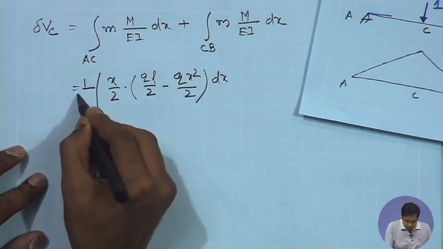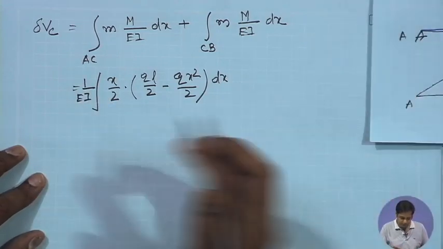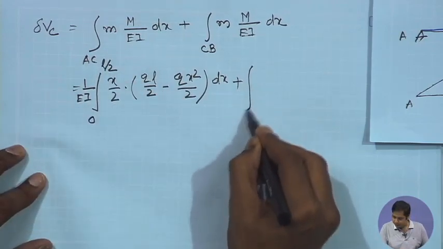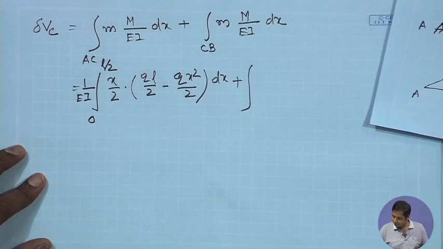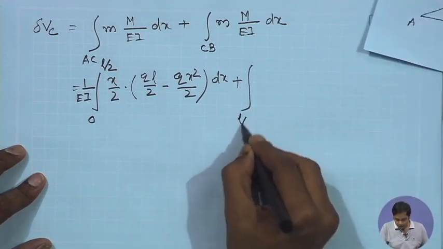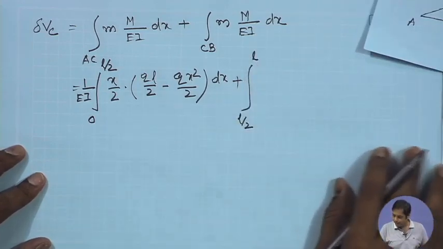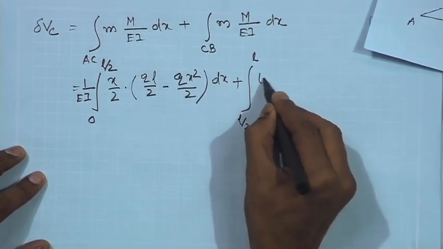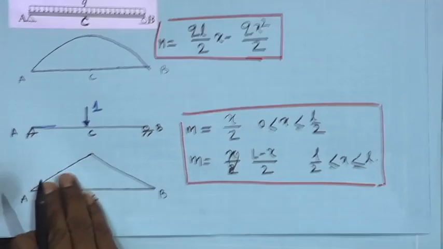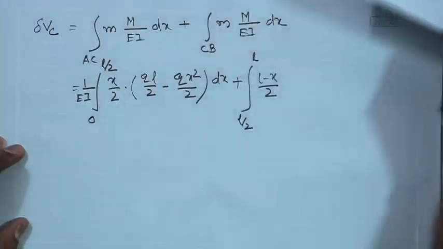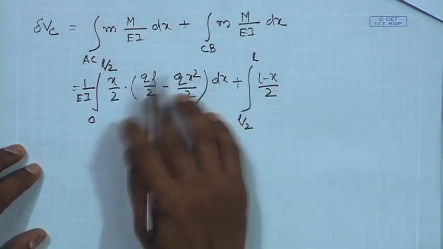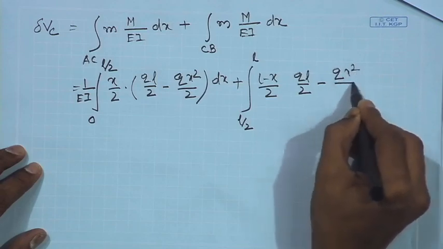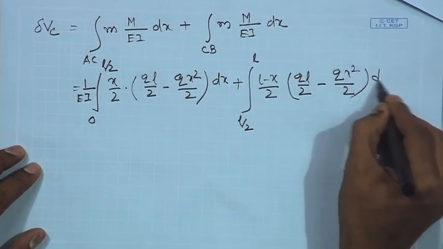You can take 1 by E I outside because it is constant, and this runs from 0 to L by 2, plus the integration from L by 2 to L, and this becomes (L minus x) by 2, where small m is (L minus x) by 2, and capital M remains the same: q L by 2 minus q x square by 2, and then dx.